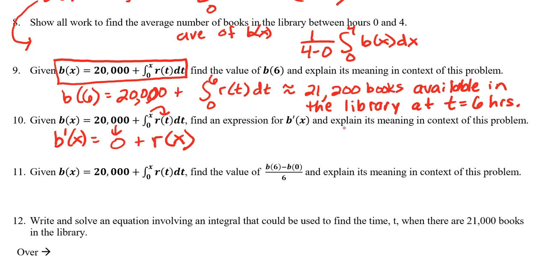So what happened there? So b prime of x is the rate of change in the number of books available.